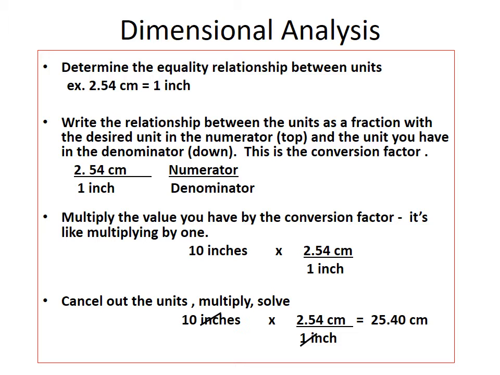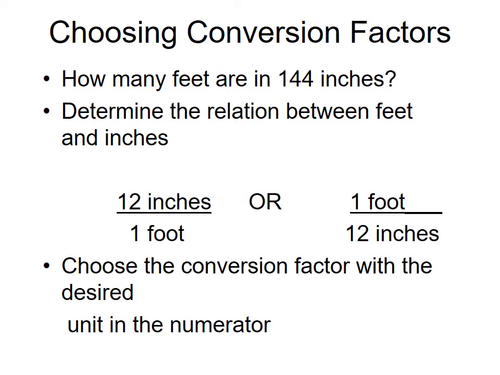10 inch multiplied by 2.54 centimeter by 1 inch. So you can check here, we'll cancel inch and inch. You have to focus on this one, numerator and denominator. Now choosing conversion factors.